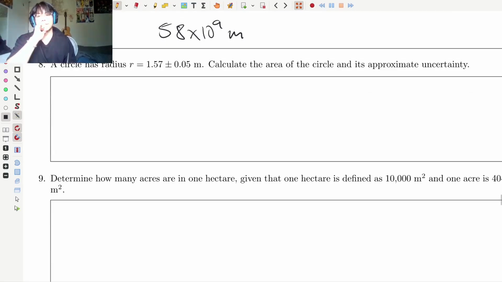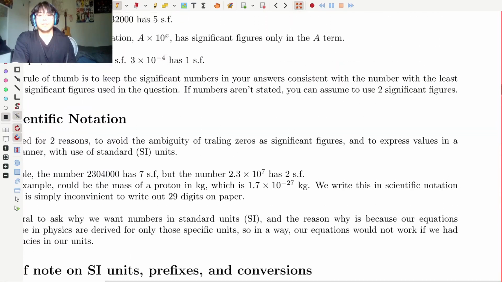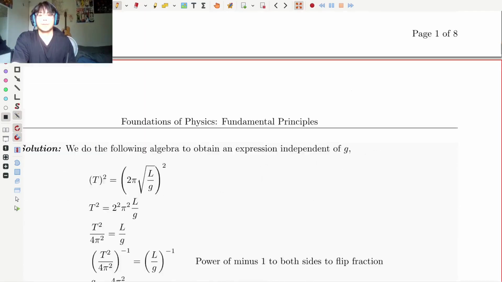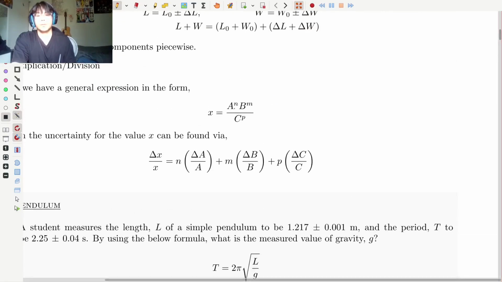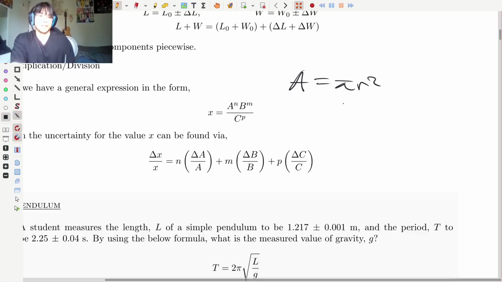A circle has a radius of this. Calculate the area of the circle and its approximate uncertainty. So we're going to have to use this formula for uncertainties. Our formula will be area of a circle, which is pi r squared.